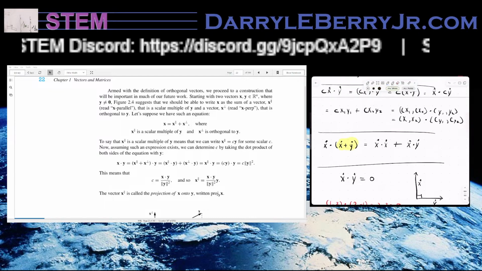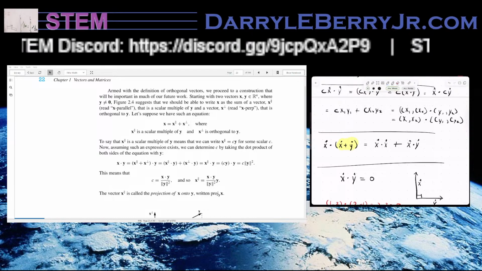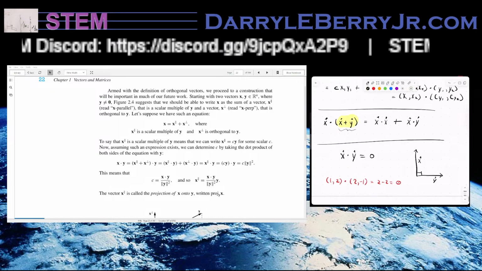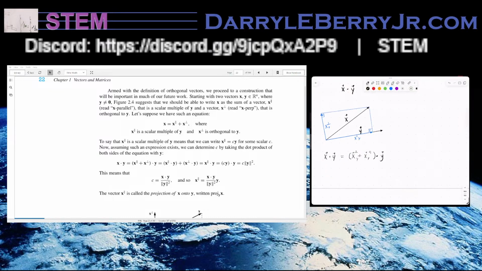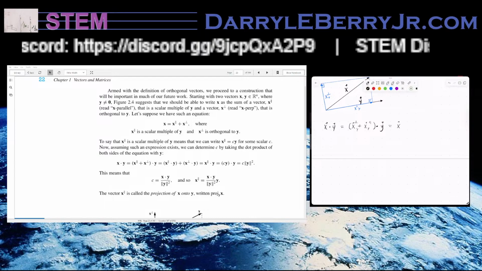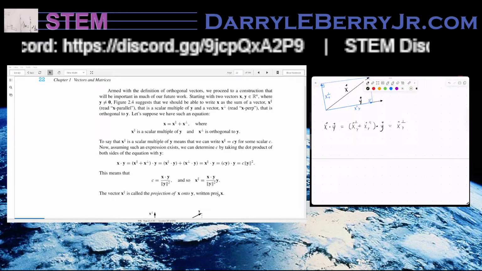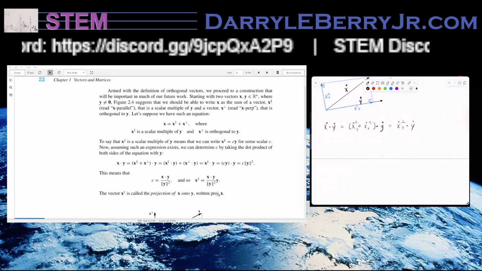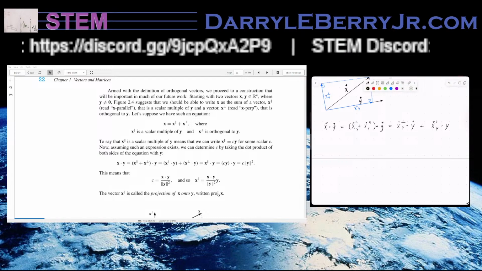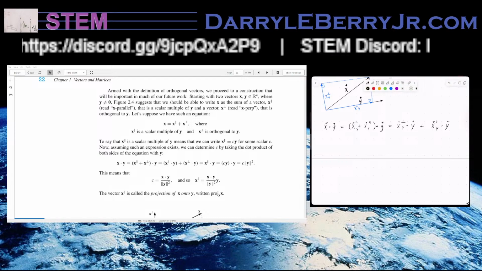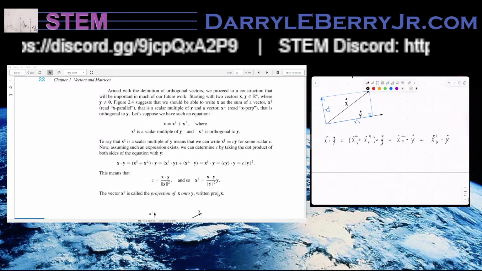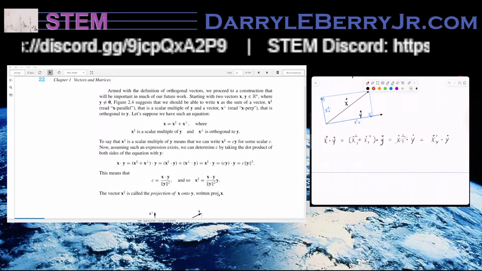And as we saw earlier, when the sum is dotted to something, you could distribute the dot. So now we have x perpendicular to y dot y plus x parallel to y dot y. And as we went over earlier, the two vectors are perpendicular. The dot product is 0.